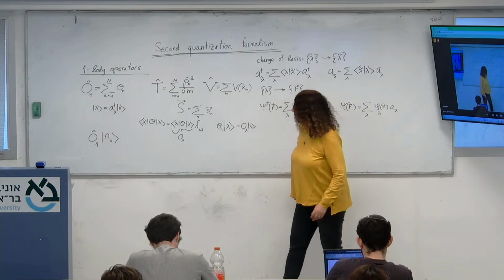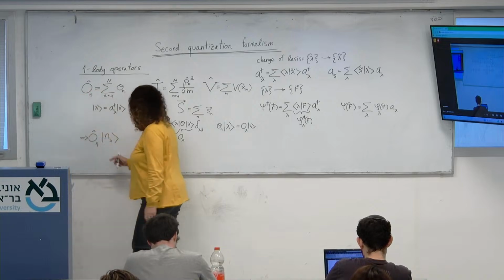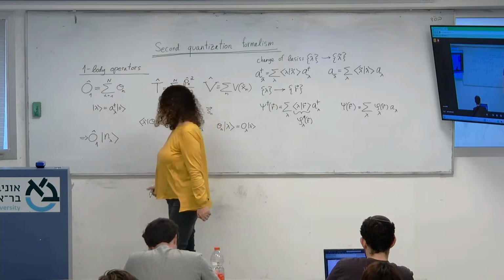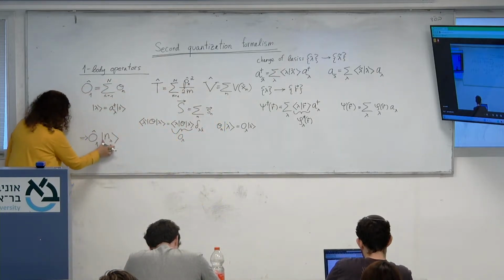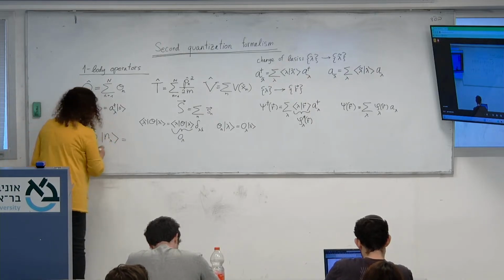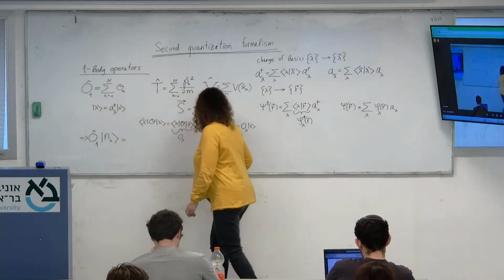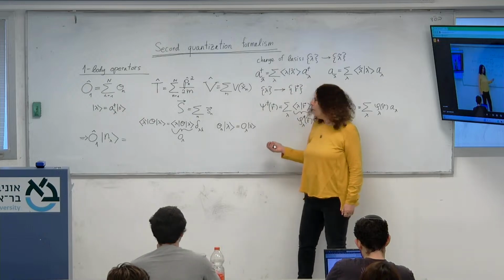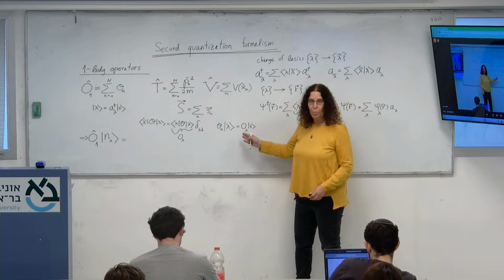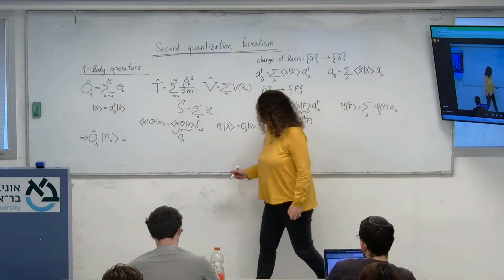Therefore, if I apply O1, which is a sum of many such contributions, acting on each particle one by one, and I apply it on a state with n lambda particles in the state lambda, what will I get? Each particle will give me O lambda. But I have n lambda such particles, all of them have O lambda. So what's the total? n lambda O lambda.